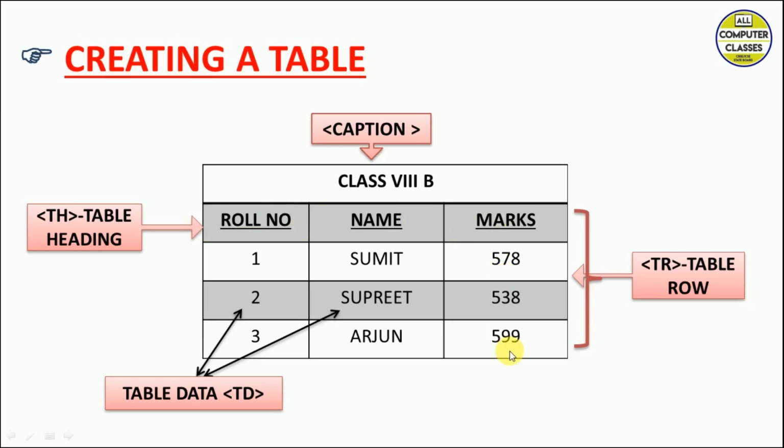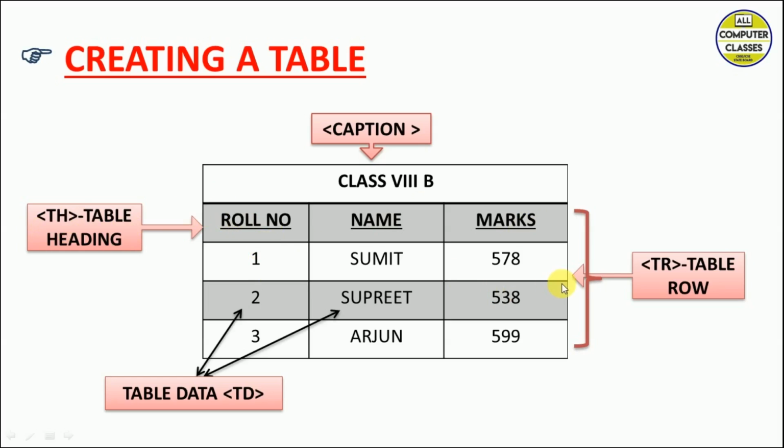So there are 4 rows in my table here. So the first row is the headings of the columns. We have 3 columns here and 4 rows. So the column 1 is having heading roll number, then name, then marks. So to begin this row, we will be using th tag. Why? Because it will be having headings, right?